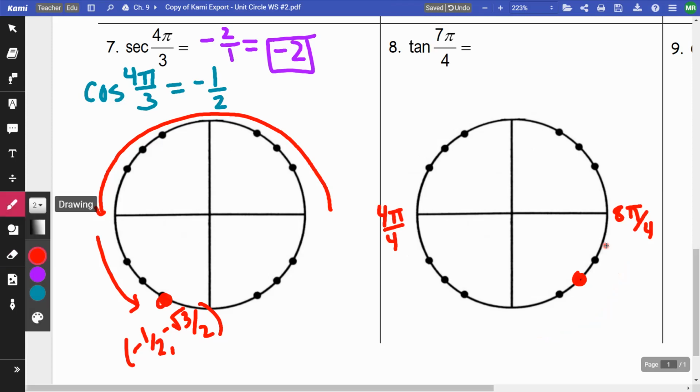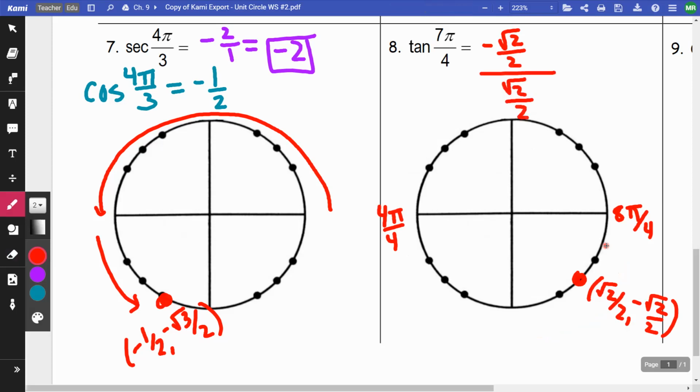And so the coordinates of that point are +√2/2, comma, -√2/2. So this is going to be my y over x, or sine over cosine. So -√2/2 over +√2/2, and that is just a -1.